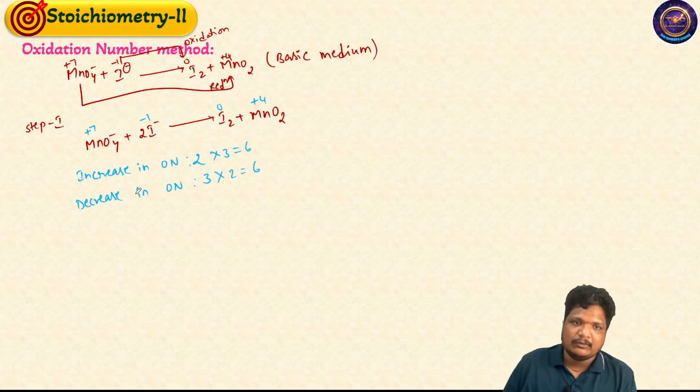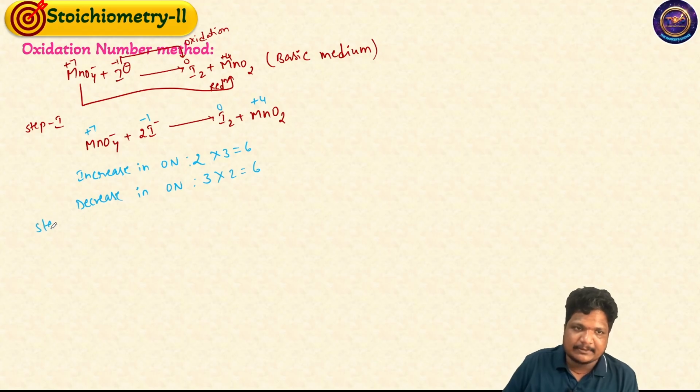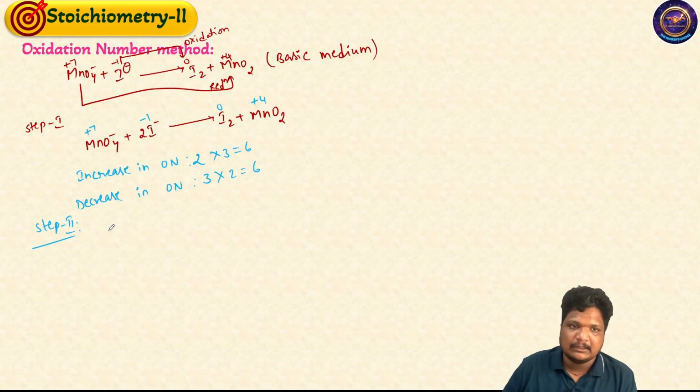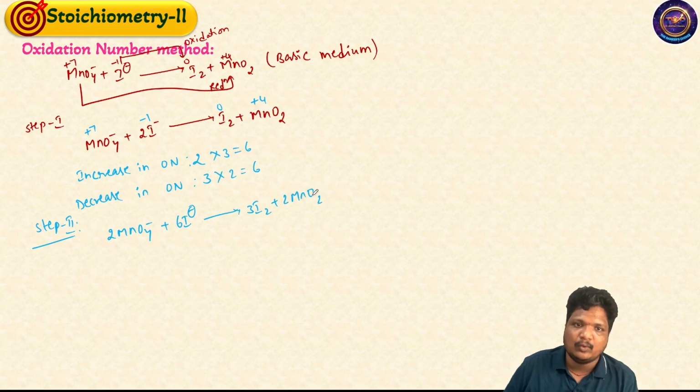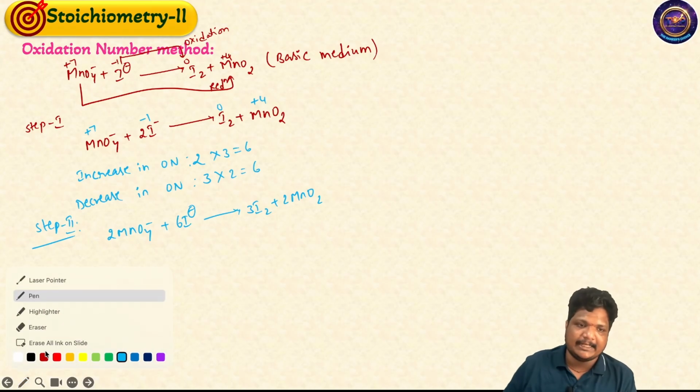So now I can write it in the second step: 2MnO4 minus plus 6I minus gives rise to 3I2 plus 2MnO2. So here the increase and decrease in oxidation numbers are balanced.